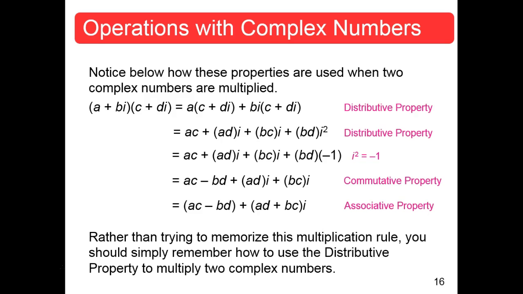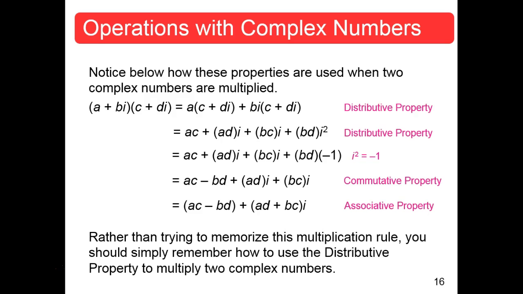Just remembering that i squared, when you FOIL this last term, bi times di, that's bd times i squared, but i squared is -1, so that's a minus bd. That's the only new part. So guess what? Usually when you're FOILing two binomials, you come up with a 3-term polynomial. Here you only come up with 2, a real part and an imaginary part.